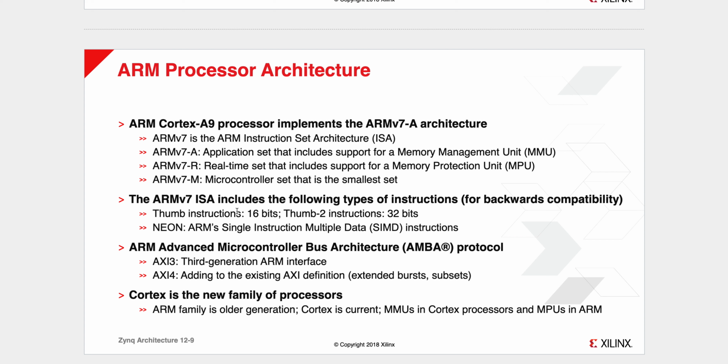The Thumb-2 instructions are a mix of 16-bit and 32-bit instructions, improving flexibility and efficiency of the processing system.